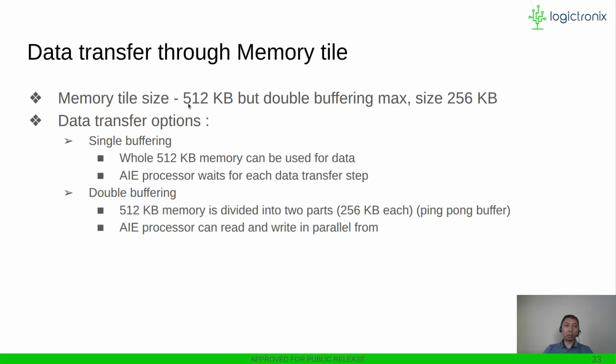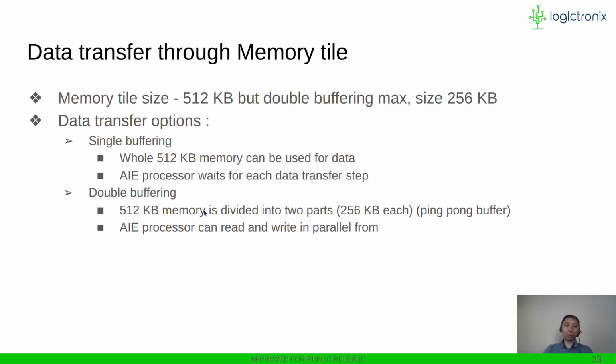It is 512 kilobytes in size, and when you do double buffering, you can only use 256 kilobytes of data size. If you go for single buffering, you can use the whole 512 kilobyte memory, but there will be some latency due to the read-write cycle of the single buffering memory.